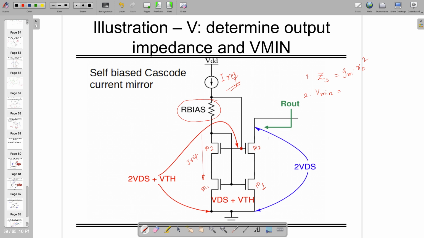The resistance looking from here is gm2 times ro2 times ro1. If both are identical, you can write gm ro squared. So that resistance we are achieving, and as I told you, in the normal cascode we get 2 VDS plus VTH. However, we want to make it only 2 VDS. Let's assume that condition.